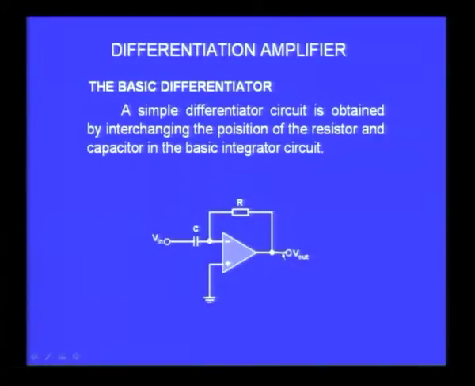And similarly here, I always measure the output voltage between this terminal and the ground, and now because this point, being a virtual earth, is equivalent to ground, what I actually measure is the voltage between the output terminal and this point, which is nothing but the voltage drop across the resistor. That is what I am going to measure as the output voltage, and the input voltage is applied across the capacitor.